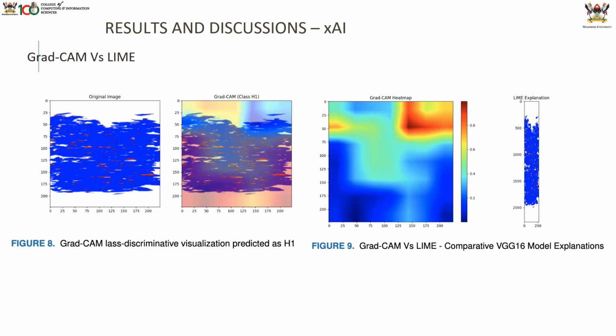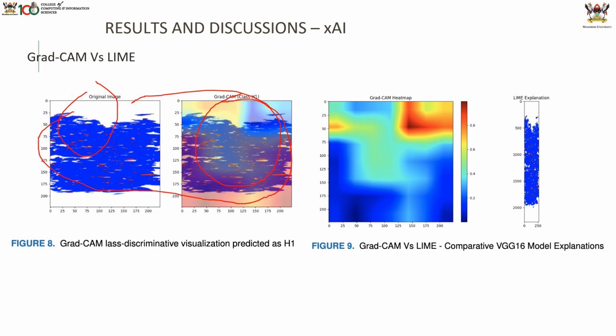We also implemented explainable AI using GradCam and Lime in order to explain the decisions that our models are making. As you can see here, this is for GradCam, and here is the original image, and here is the overlay image on the heat map.